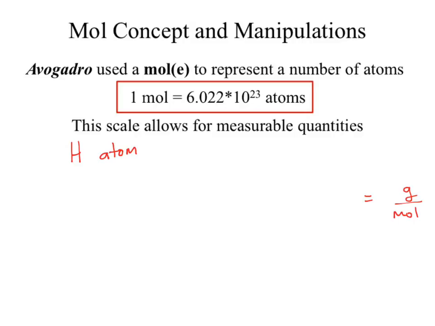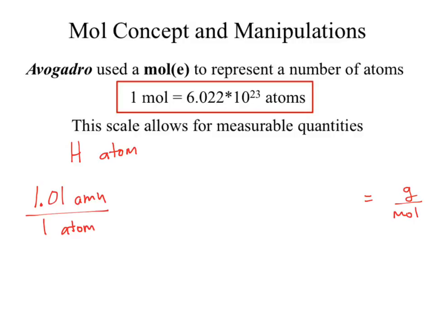What do I know about the mass of a hydrogen atom? According to our periodic table, it is 1.01 AMUs. So our AMU is this arbitrary mass unit, which is the mass per one atom.